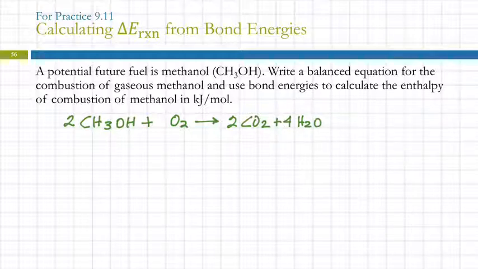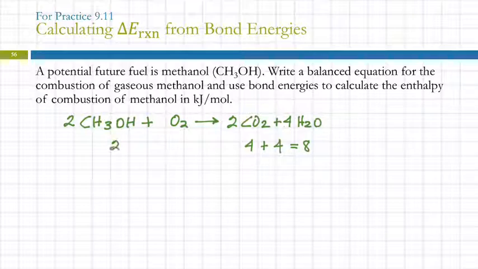Let's double check that we didn't mess up the carbons and the hydrogens. I have 2 carbons now and 2 carbons. Over here, I have 2 of these molecules, each has 4 hydrogens, so that's 8 hydrogens. And over here, I have 4 water molecules, each with 2 hydrogens, so that's 8 hydrogens. So carbon and hydrogen are still fine. Now we've got 4 oxygens in the CO2 and 4 oxygens in the water, 8 oxygens.